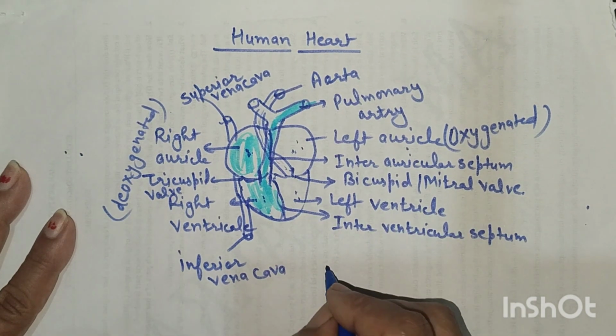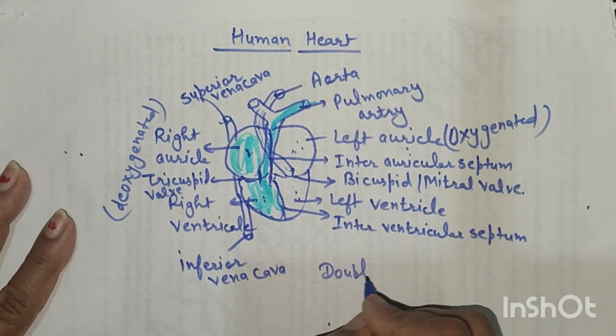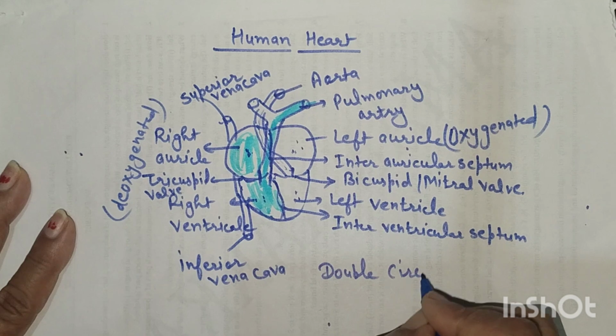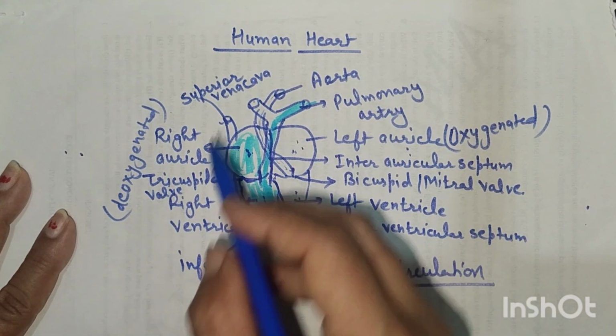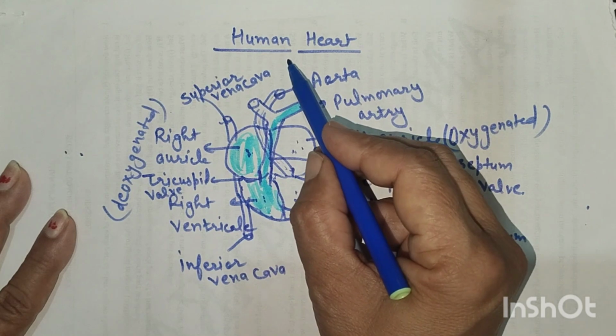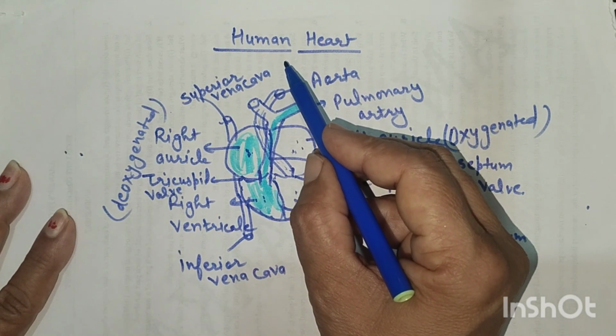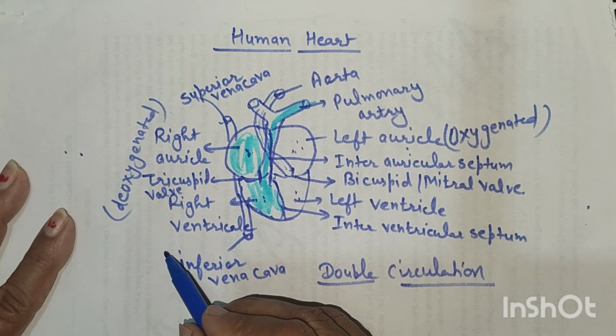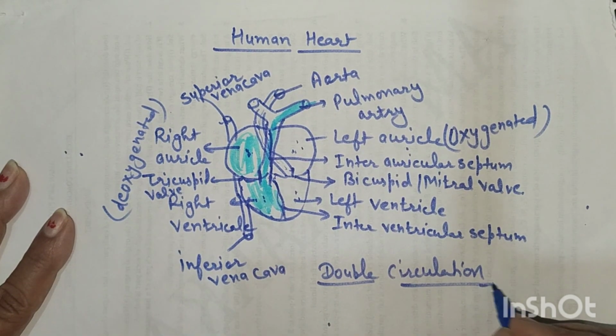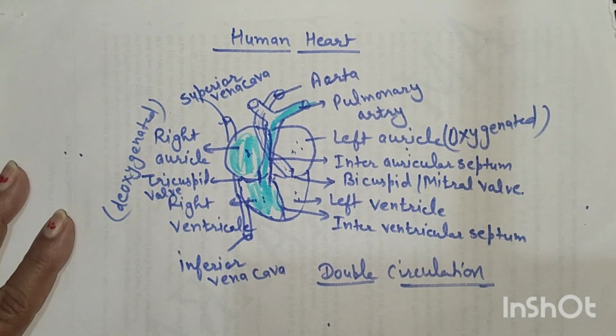This is called double circulation. First, blood circulates in the lungs by pulmonary circulation, and second by systemic circulation.